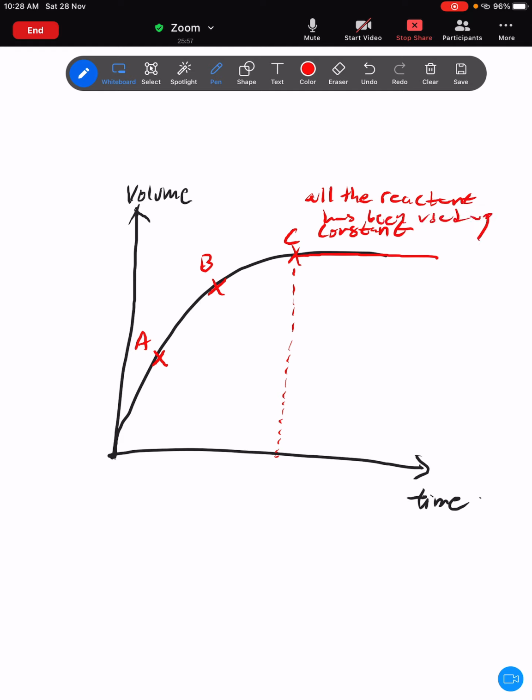Sometimes point C is also called the end point. End point stands for the end of the reaction.